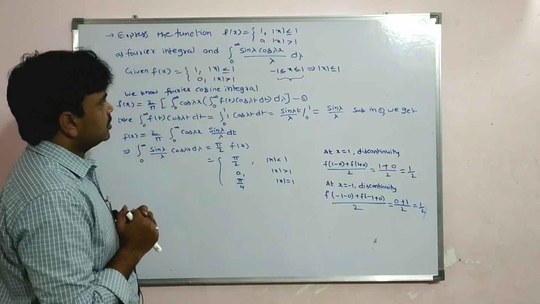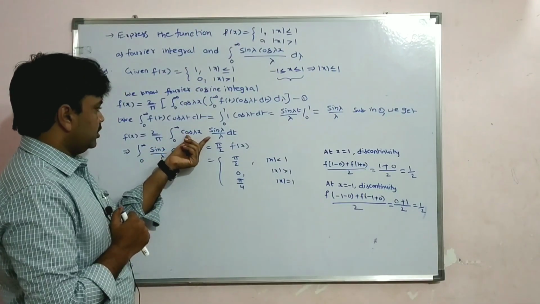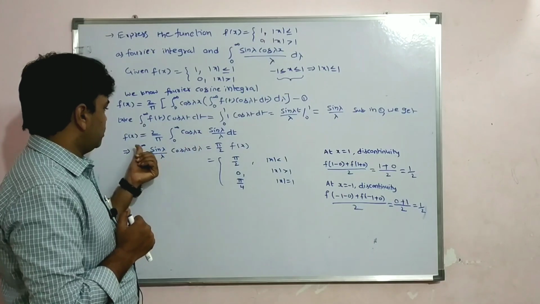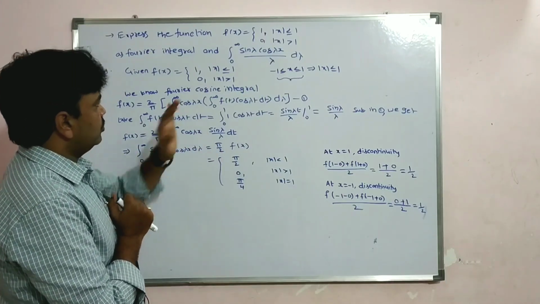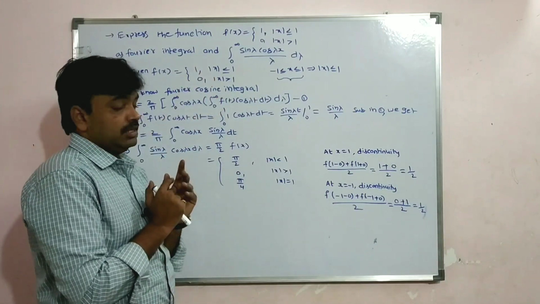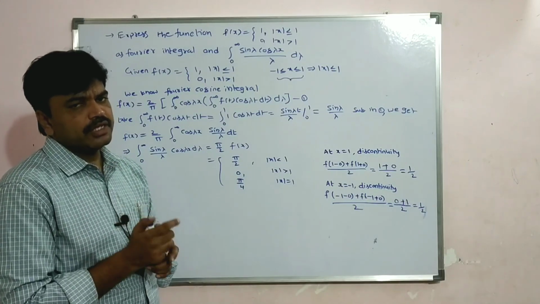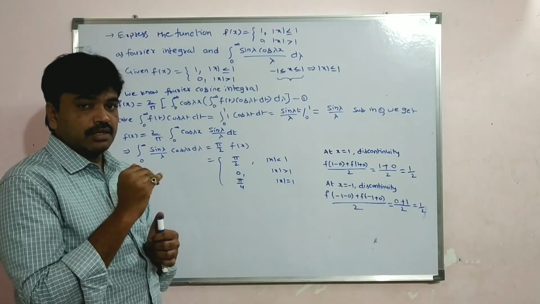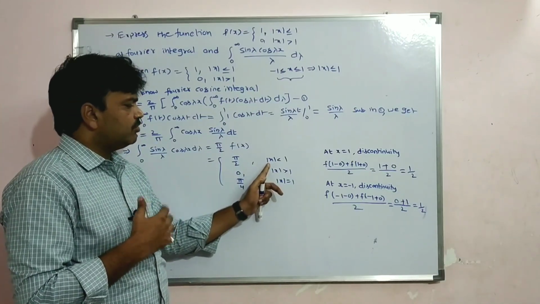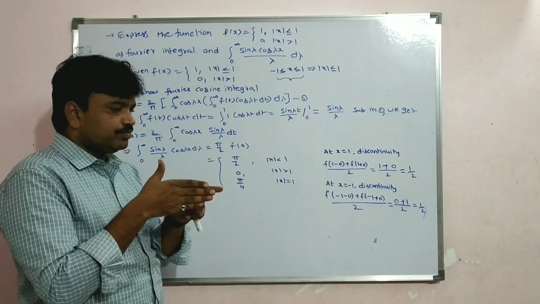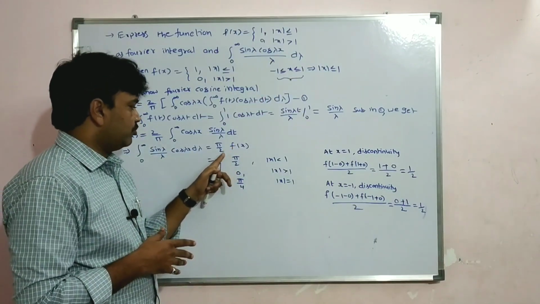Now what he says, students: integral 0 to infinity, evaluate this integration. I am taking these two as same. By cross multiplying we get pi by 2 into f of x. Now I observe f of x: there we have modulus x less than or equal to 1, and modulus x greater than 1. I am splitting into modulus x less than 1, modulus x greater than 1, and modulus x equal to 1. Modulus x less than 1 means its value lies between minus 1 to 1, the value is 1, so we get pi by 2.